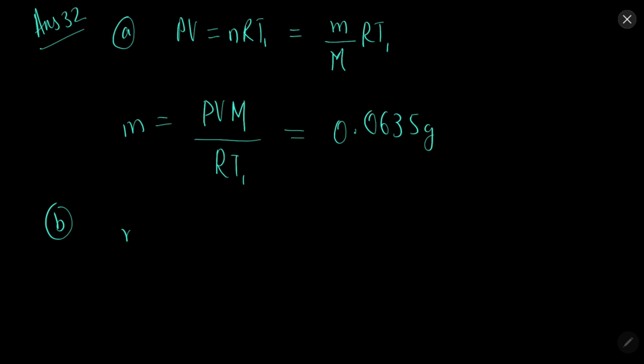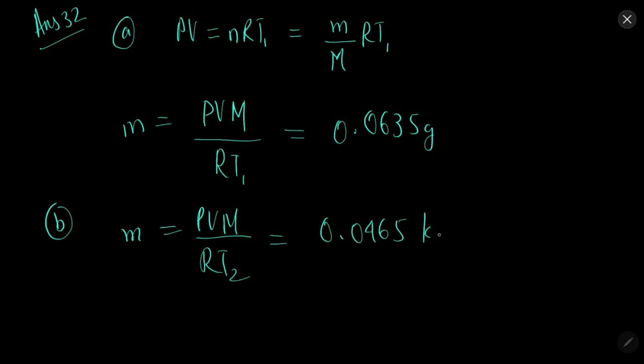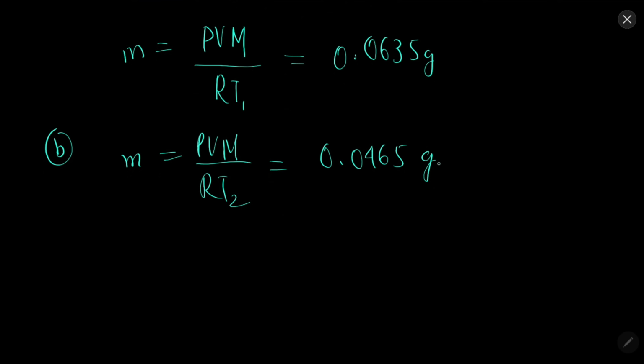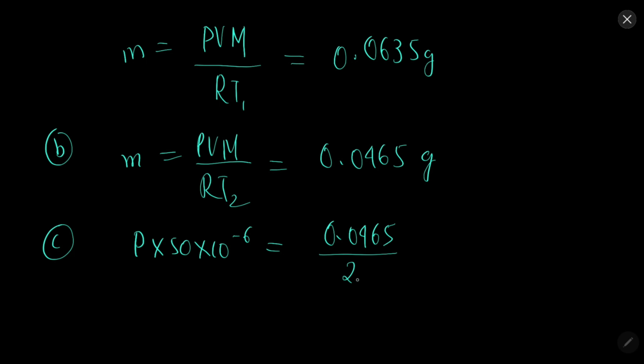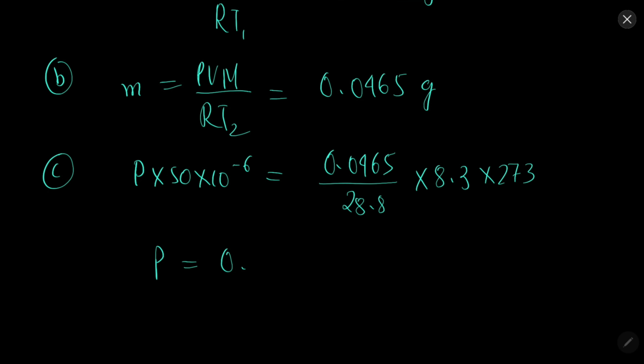B part, same formula will be there. Here it will be 0.0465 grams. C part, P into 50 into 10 to the power minus 6 equal to 0.0465 over 28.8 into 8.3 into 273. So P will come out to be 0.07316 into 10 to the power 6 Pascal.